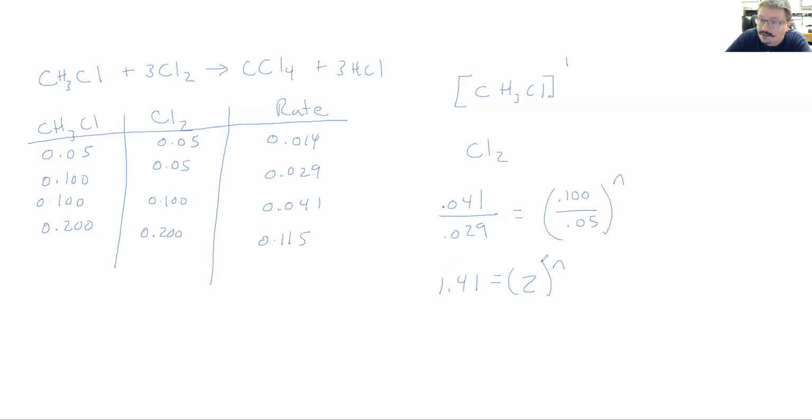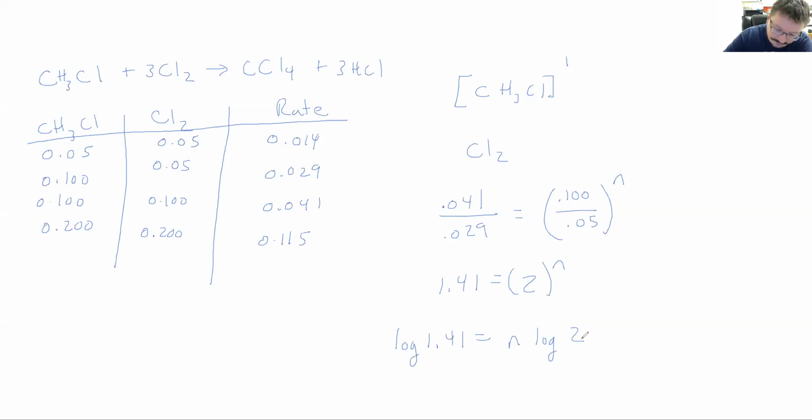Now, some of you might be able to see in your heads what that is. If not, what we're going to do to solve for N is take the log of both sides. So I have log of 1.41 equals, and the N is going to come out in front. So this is going to be N times the log of 2.